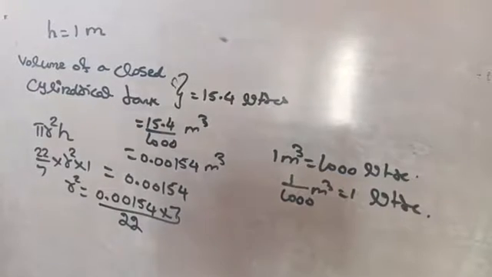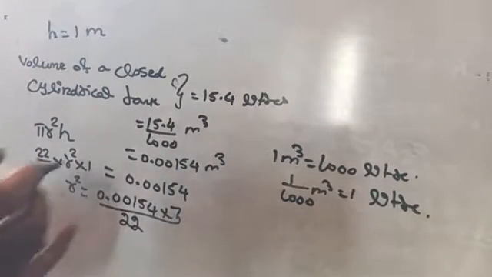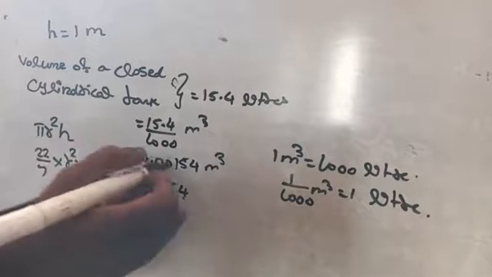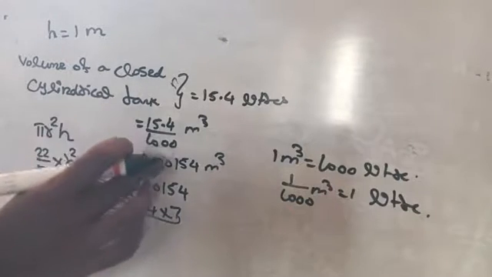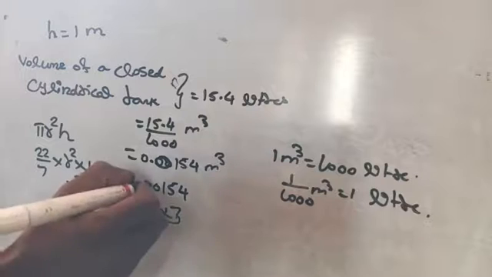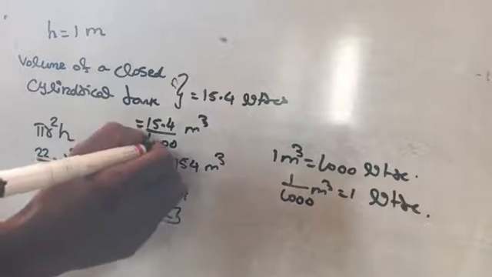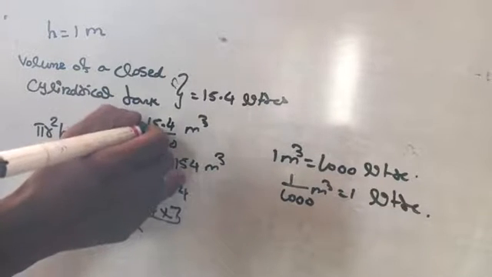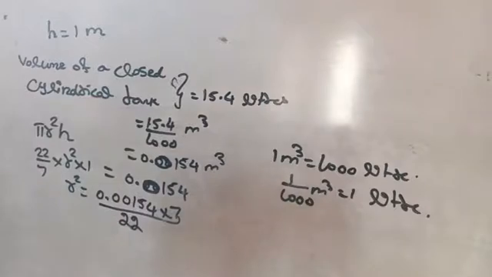Now simplify, you will get the value of r. So better multiply by something, what can you do now? Sorry, it is 0.0154, because divided by 1000 you have to correct 3 decimal places. So 1, 2, 3, 0.0154 meter cube.